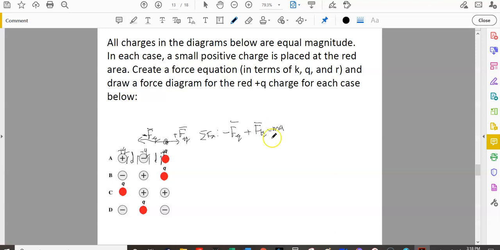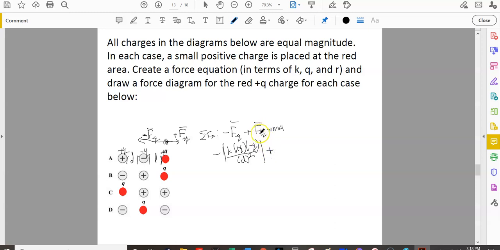Okay, well, now we're going to apply Coulomb's force. For that negative q, I'm going to do k, and our red charge is a positive q, and that other charge is a negative q, and it's a distance d away, squared. So that's this force. Now let's do the other force.